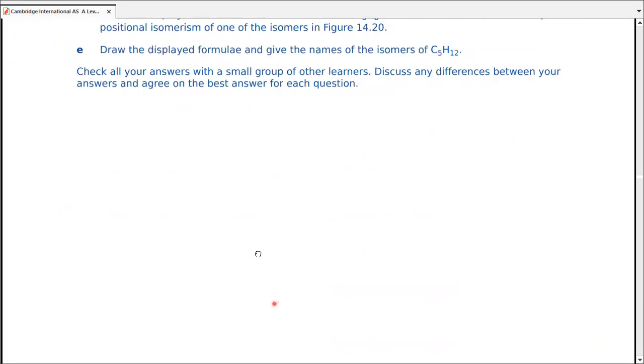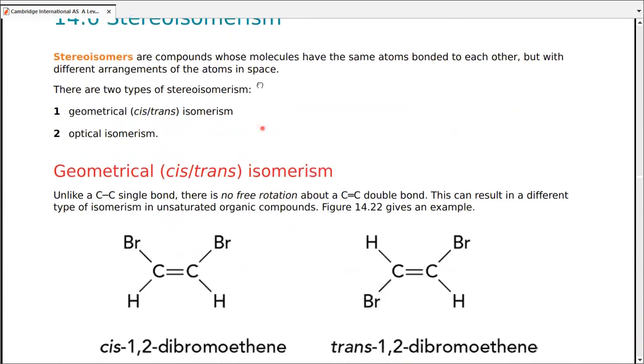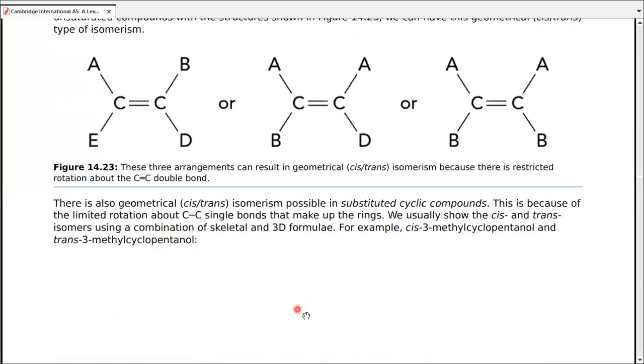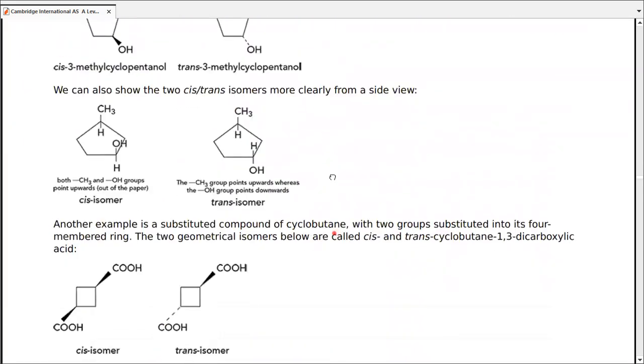Now, let me take you to stereoisomers. When it comes to stereoisomers, something that is a part of their names is cis isomer, trans isomer. That's a very good way of representing geometric or cis-trans isomerism.